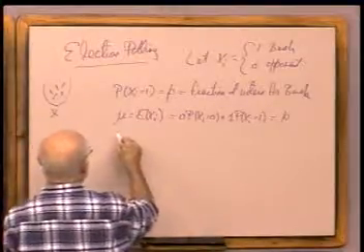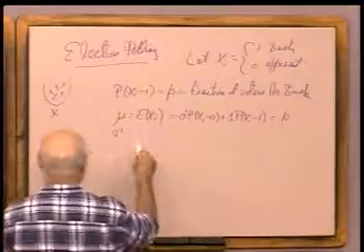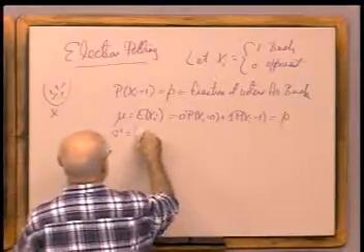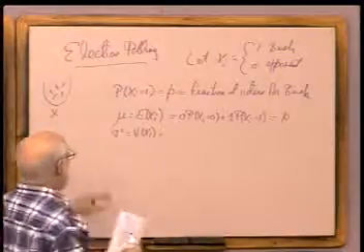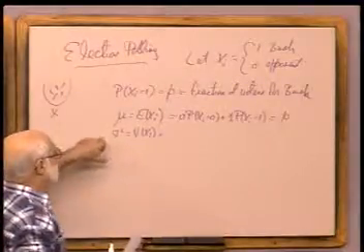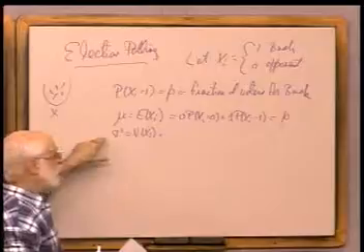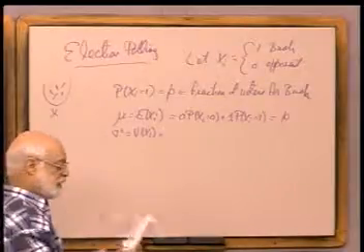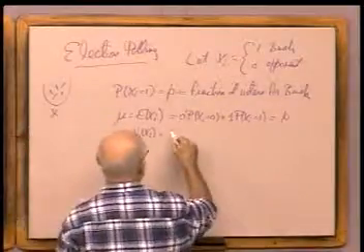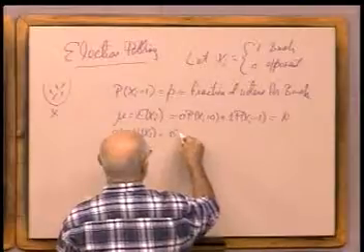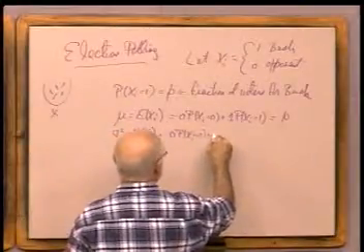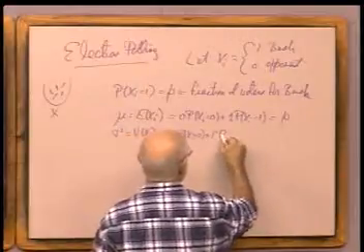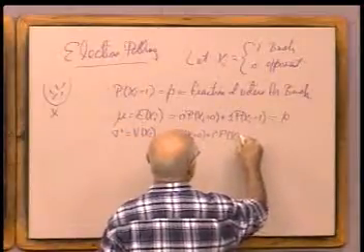Okay, what's the variance? Variance, that's the sigma squared. Now, the way I'll calculate that is I calculate the expected value of the square of x minus the square of the expected value. The expected value of the square is 0 squared times the probability that xi equals 0 plus 1 squared times the probability that xi equals 1.